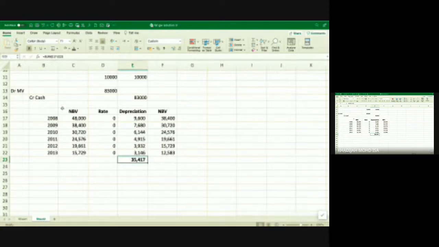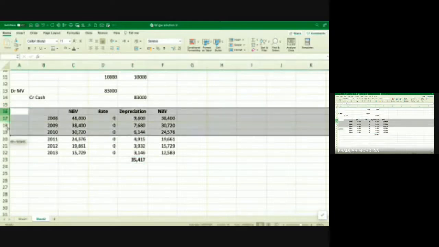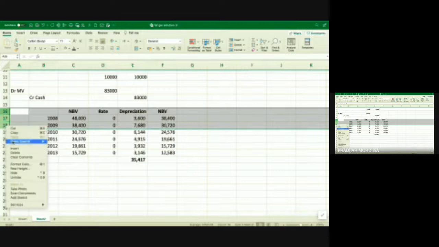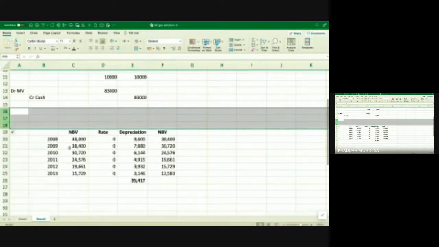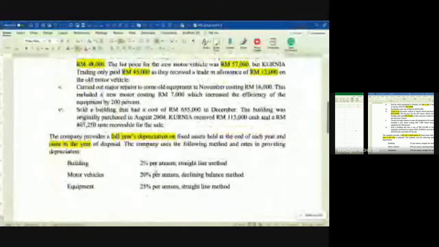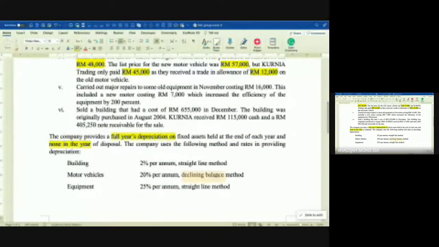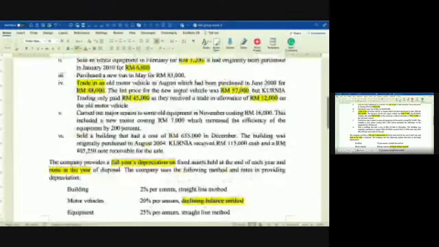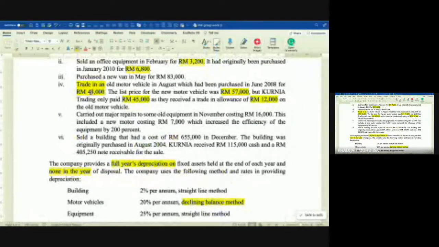Okay, for the motor vehicle, the depreciation method is using the reducing balance. So how do I know? Because it's stated here that motor vehicle is 20% declining balance method. So how do you compute the declining balance method? You have to get the cost of the asset. The cost of the asset you purchased in 2008 for 48,000. So in 2008 you have 48,000 here, and then the rate is 20%.